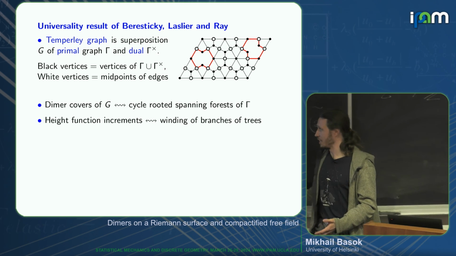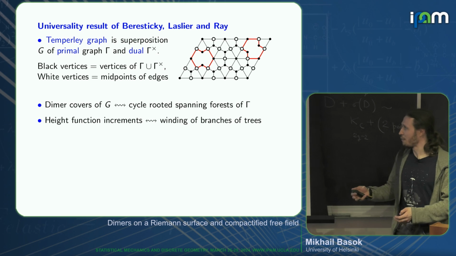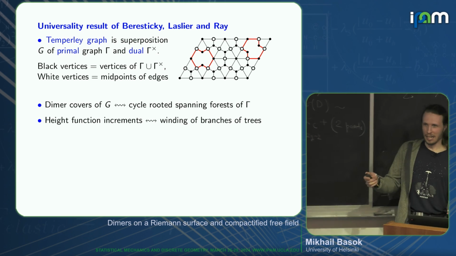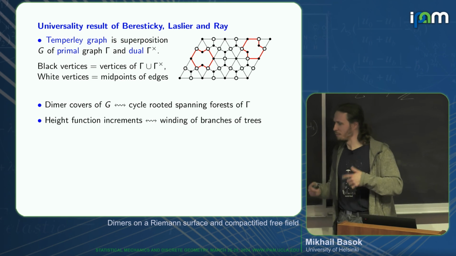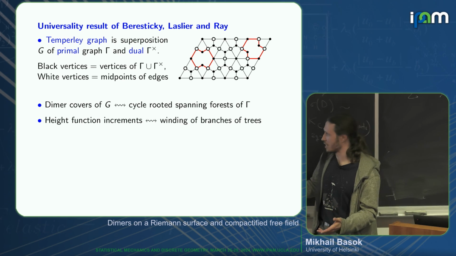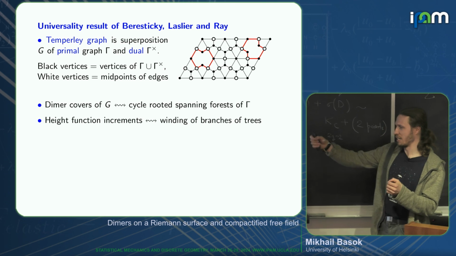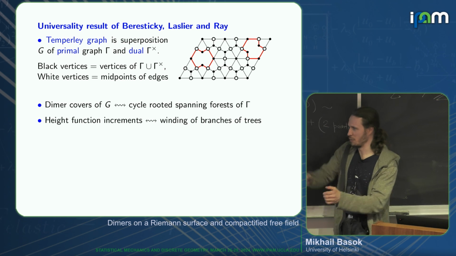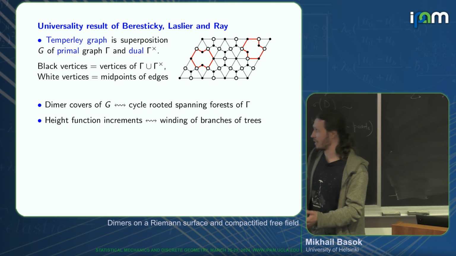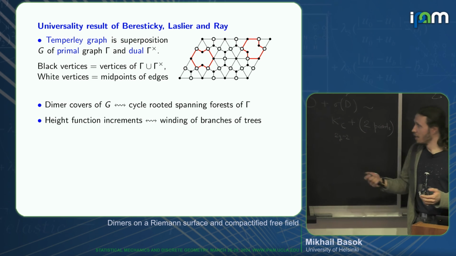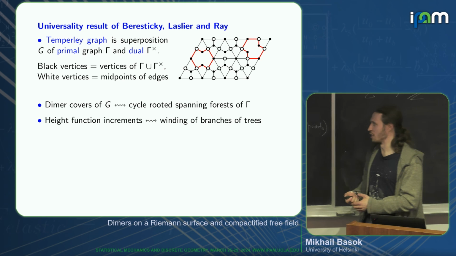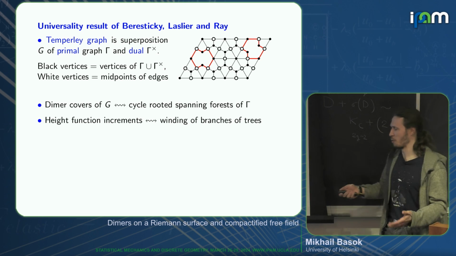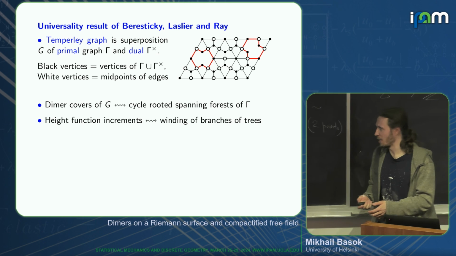It's actually Wilson's algorithm, right? And the height function is very well related with certain invariants of these trees. If you want to consider the height increment between two points, we need to look at the branch of the tree between these two points and compute its winding. It will give the height increment. So this helps to study the dimer model using some soft analytic arguments, soft probabilistic arguments coming from random walk.